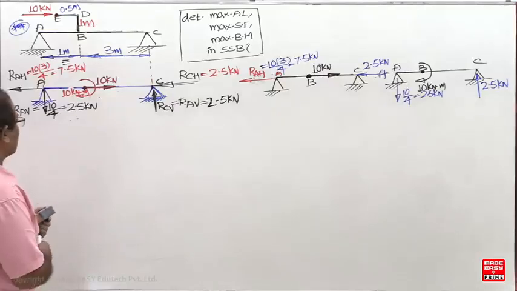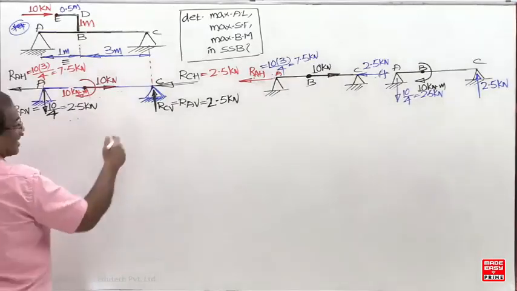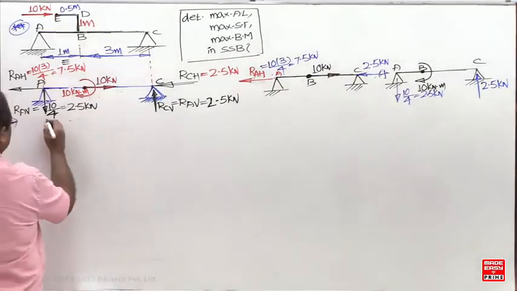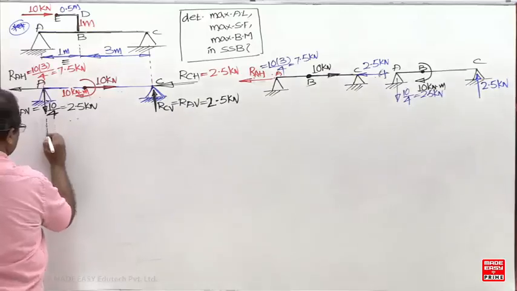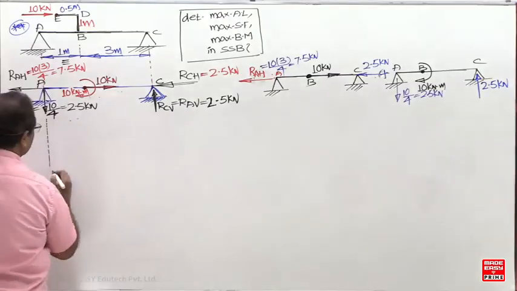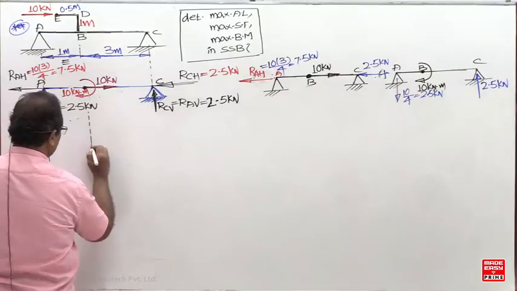Otherwise, you can go for the diagram. It is a statically indeterminate beam. Statically indeterminate, as I studied yesterday. 4 unknowns cannot be determined with the help of the 3 equations.